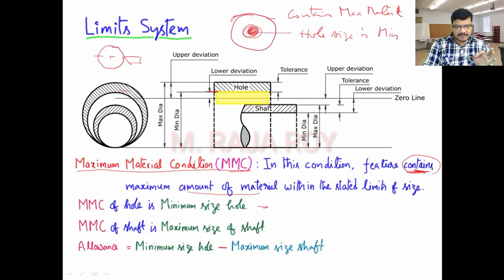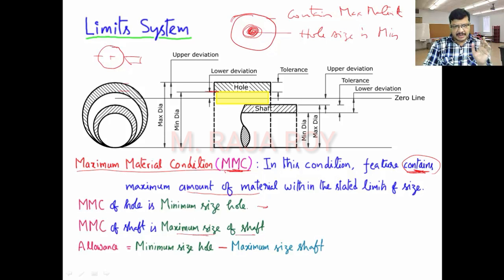If I increase the depth of cut, material will be removed and I will get the minimum diameter, which is not suitable for this particular case. In this case I have to contain maximum material, that is the maximum material condition. So it contains the maximum material, which means I will get the maximum diameter of the shaft.